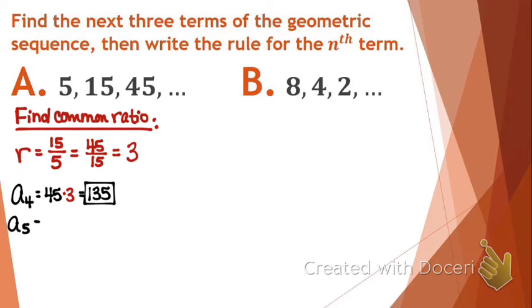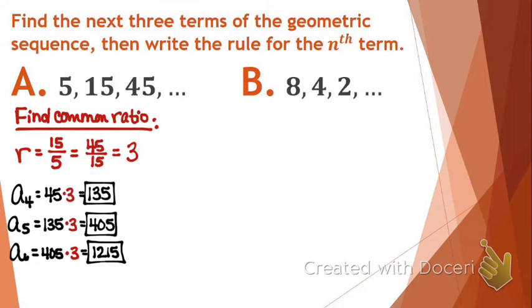What about the 5th term in the sequence? 405. 135 times 3, we get 405. And what about the 6th term in this sequence? Yep, 1,215.